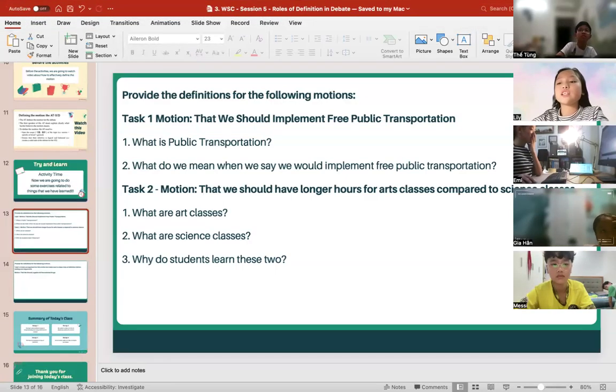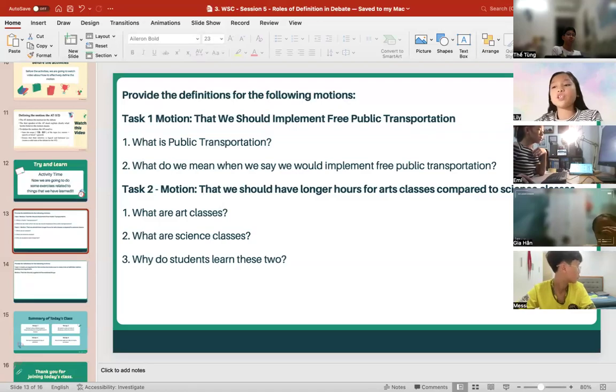So why do students learn these two? Students learn art to cultivate creativity, self-expression, and emotional intelligence, while science develops critical thinking, problem-solving skills, and knowledge of the natural world. Both contribute to a well-rounded education and personal growth.